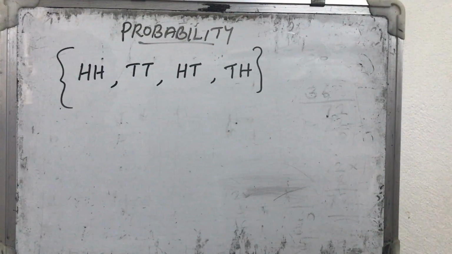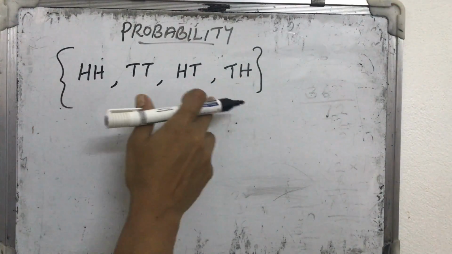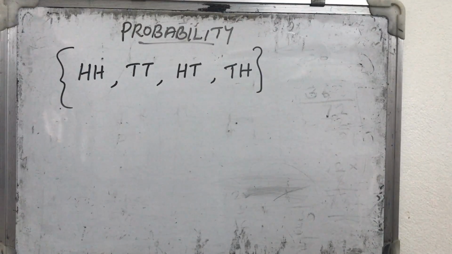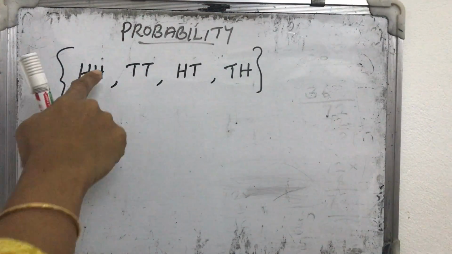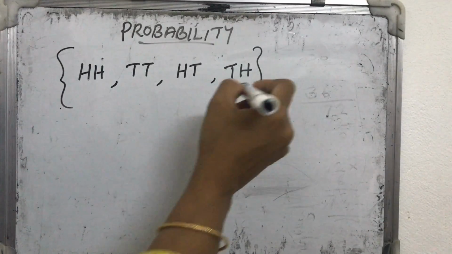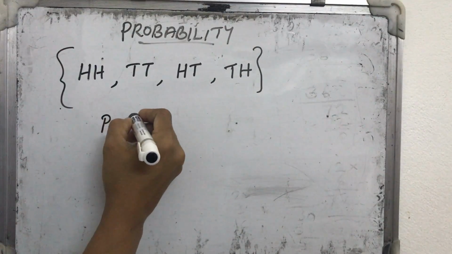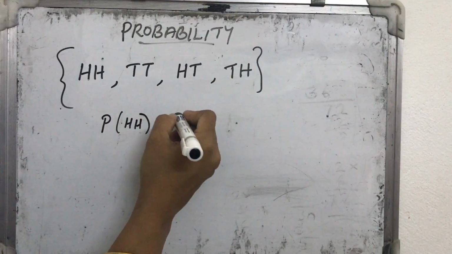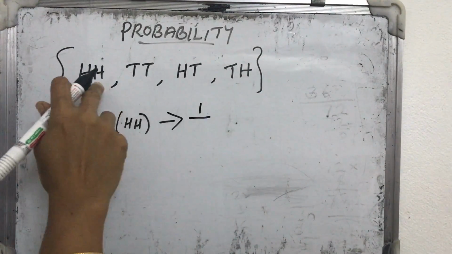Now, what is the probability that both are heads? How many cases are there where both are heads? Only one. So the probability of both heads is only 1 out of how many?